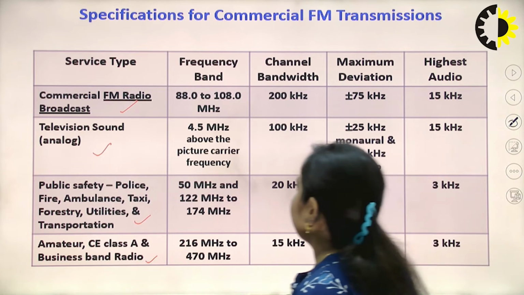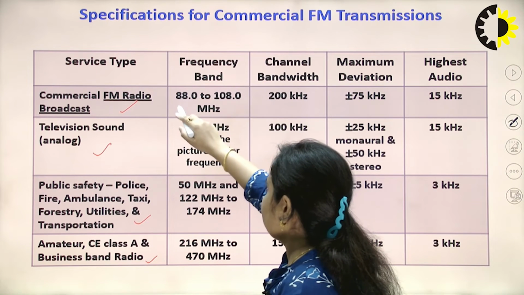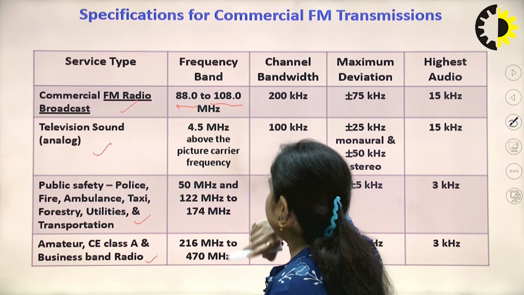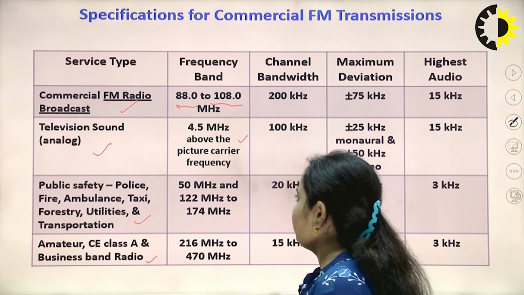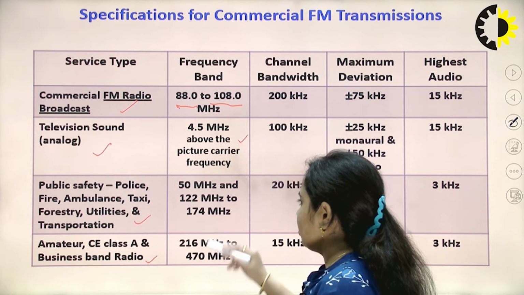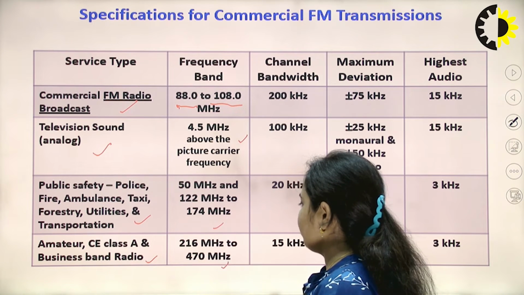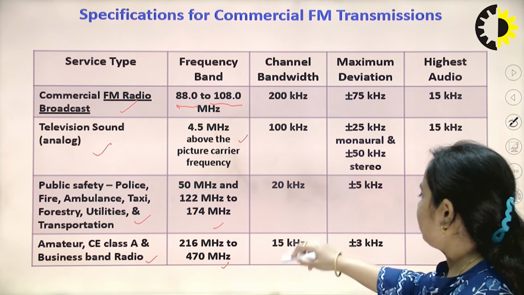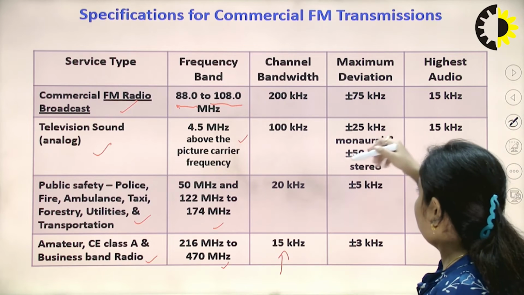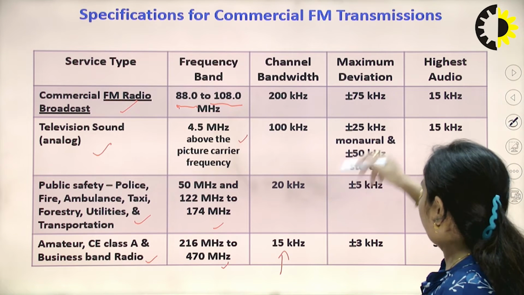Now these are the different frequency bands which exist, like this is 88 to 108 megahertz. This is 4.5 megahertz above the picture carrier frequency. This is 50 megahertz. This is for 216 to 470. So this is the range. These are the corresponding channel bandwidth.